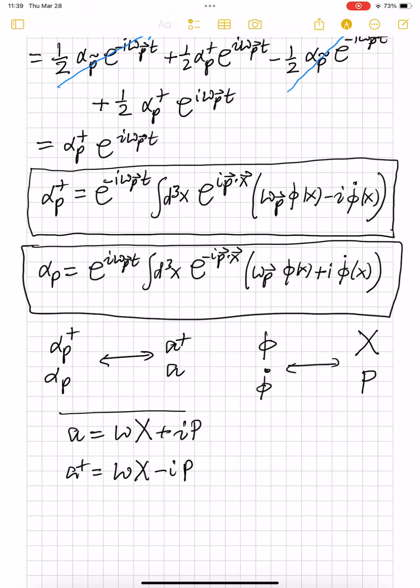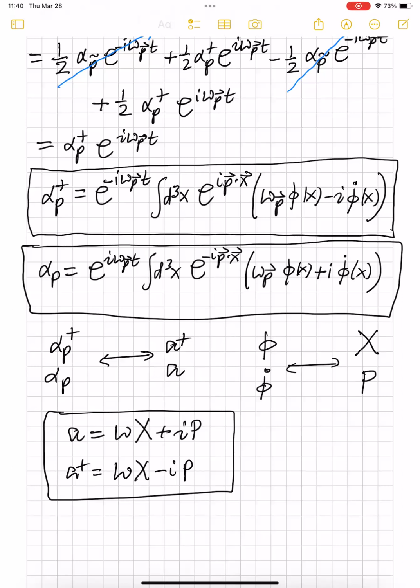But now take a look at these formulas. So A is omega X plus iP, alpha p is omega p phi plus i phi dot. So if you were to replace the x by phi, the p by phi dot, you're basically getting the second box formula. And exactly the same thing for A dagger. A dagger is omega x minus iP, and we get omega p phi minus i phi dot.